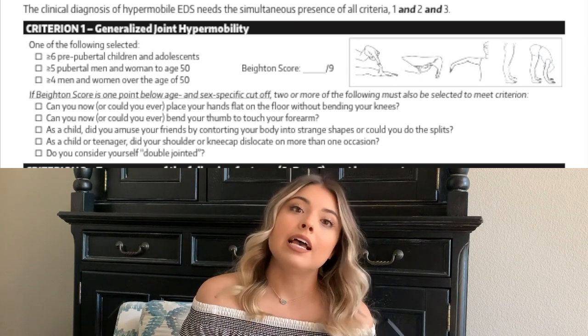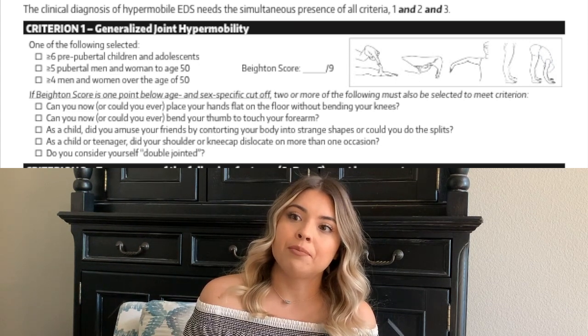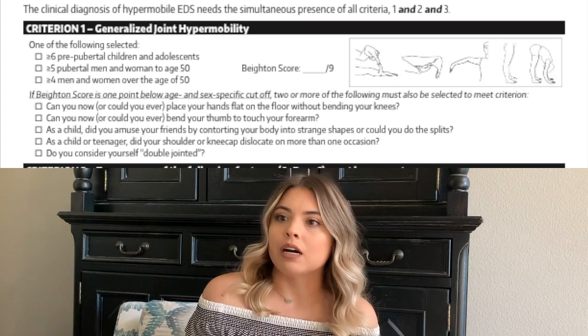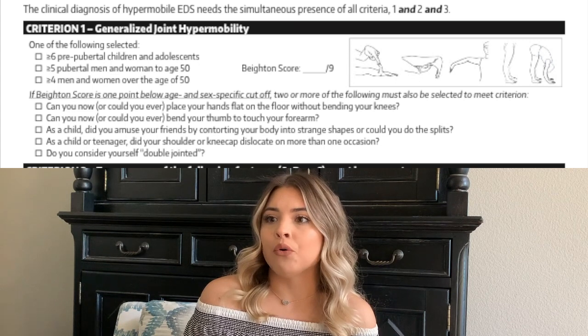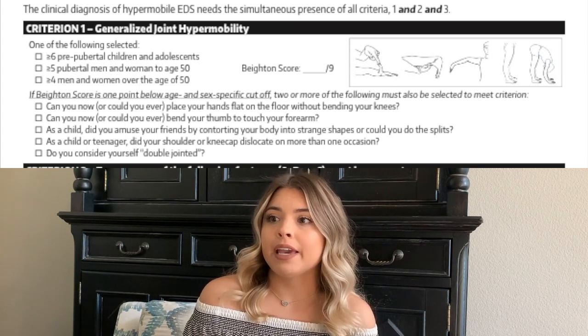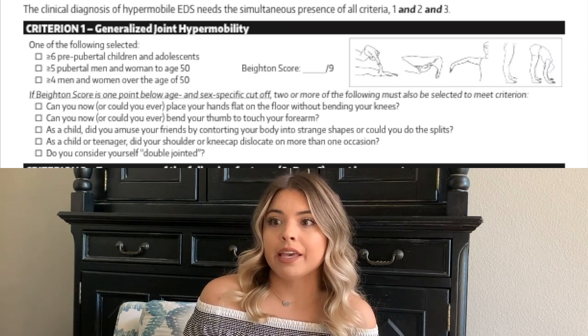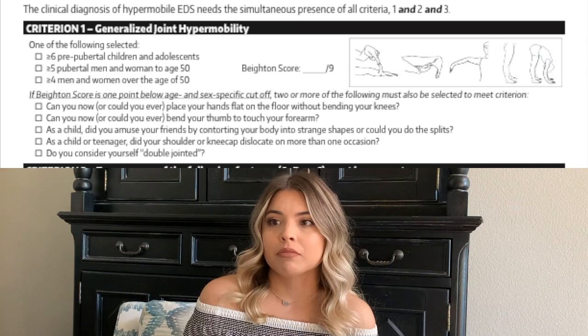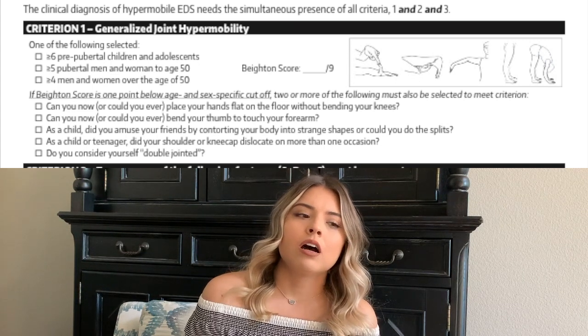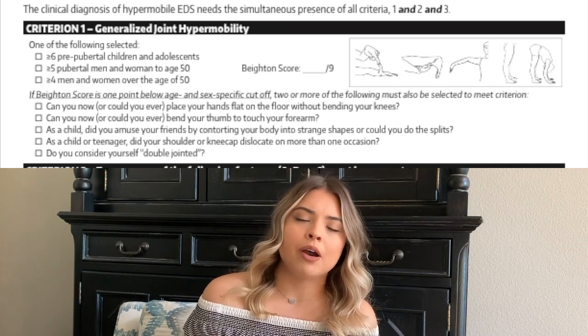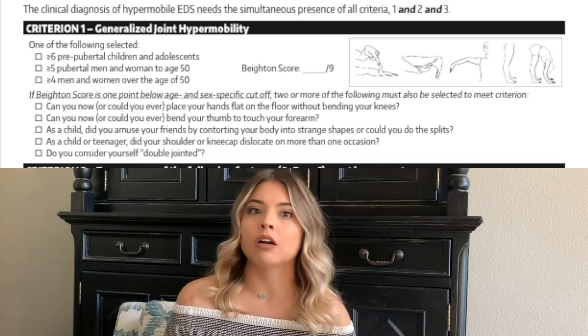Oh, and then there are questions underneath the Beighton score, and I'm going to read those out. Can you now, or could you ever, place your hands flat on the floor without bending your knees? Can you now, or could you ever, bend your thumb to your forearm? Because sometimes when you have hypermobile EDS, your joints will lock up.